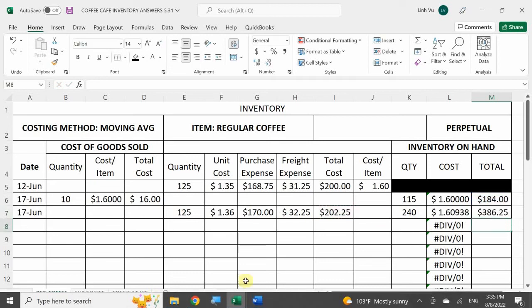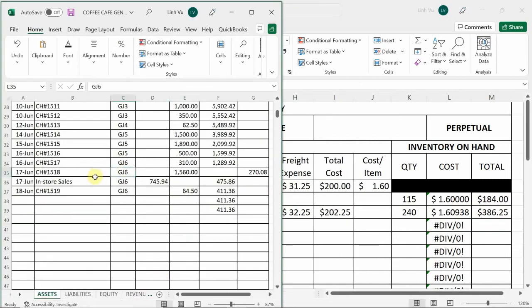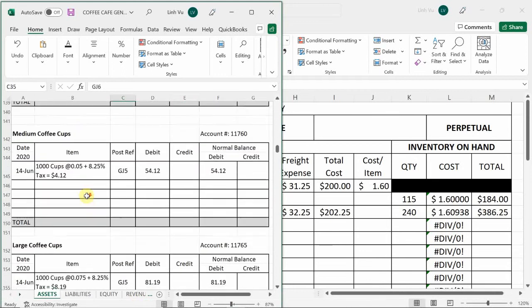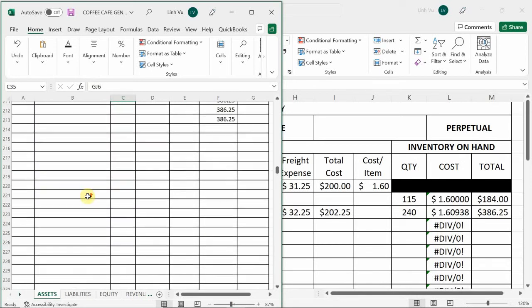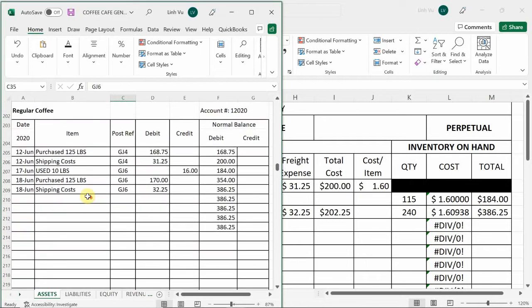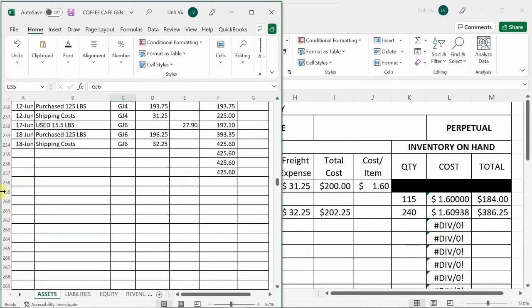Does that match my ledger? Let's see, my regular coffee ledger. Here's my regular coffee. There it is. Yes, 386.25. So we're doing our calculations correctly.